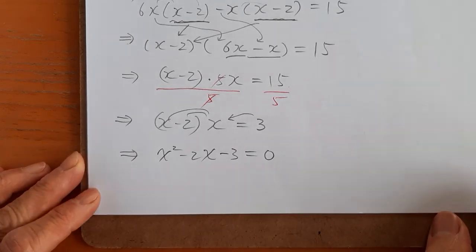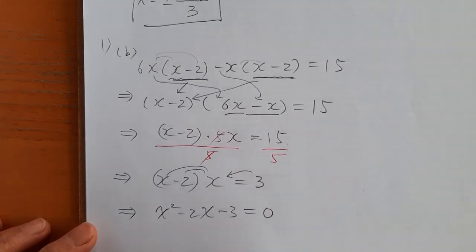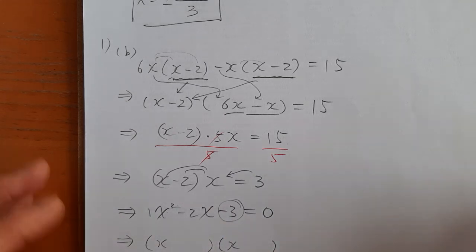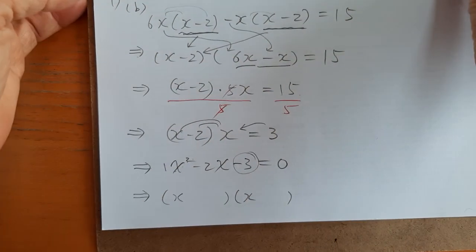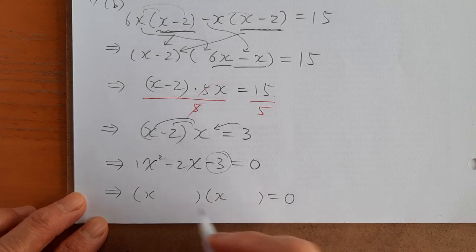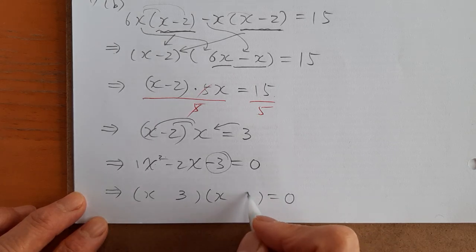And then we can factor this one. We can factor because the leading coefficient is 1. So x squared, separate 1x, 1x. Negative 3. We need two numbers that multiply together to equal negative 3 and add together to equal negative 2. So it will be 3 and 1.